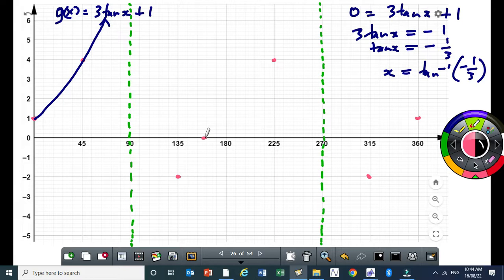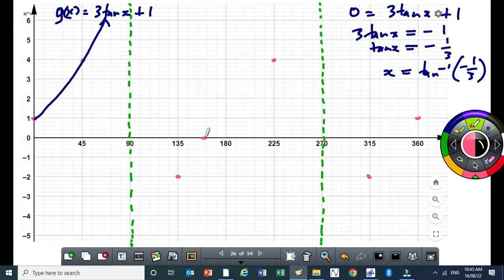All your angles are measured as positive in an anti-clockwise direction, so if it's clockwise, they will be negative. I'm going to repeat that. In trigonometry, we measure our angles as positive in an anti-clockwise direction. If it's clockwise, then the angle becomes negative.